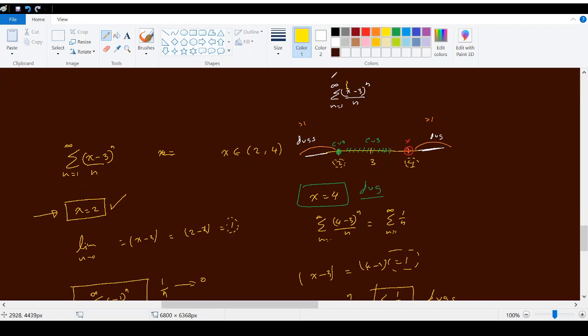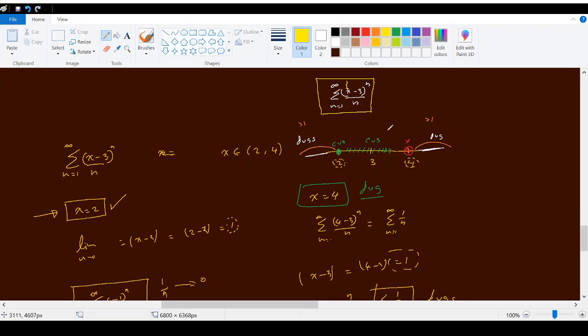So what you should identify in this video is that when you have a power series, that is a series with this variable and of this format, it might not converge for all the values of x. It will converge for certain values of x and it will diverge for certain values of x.